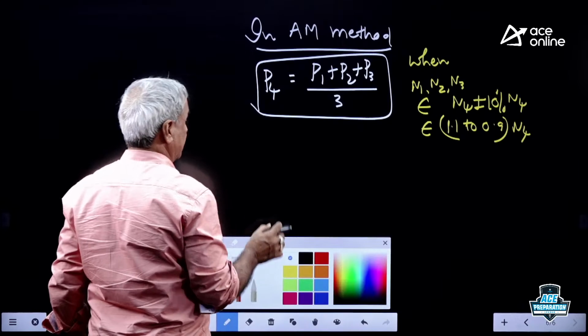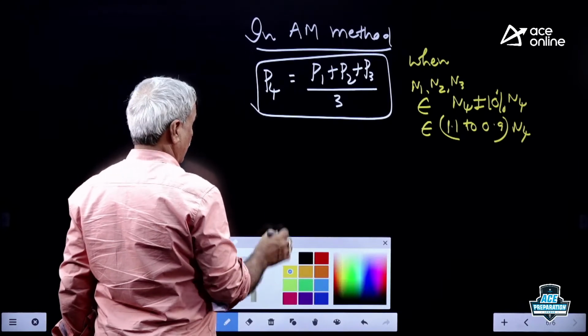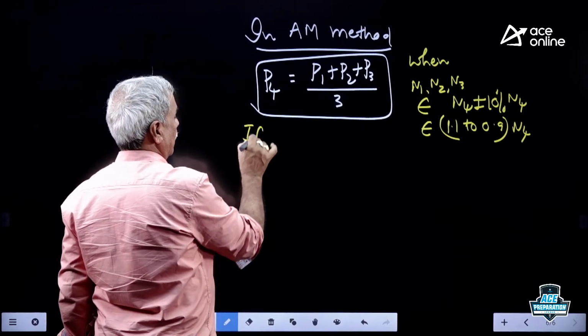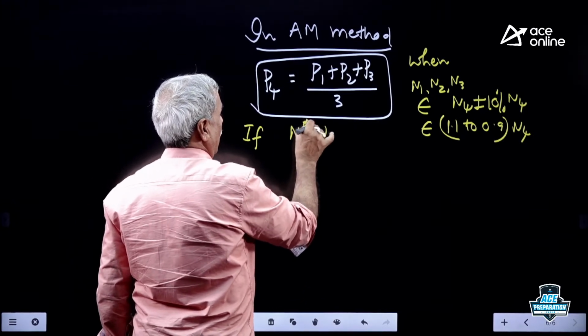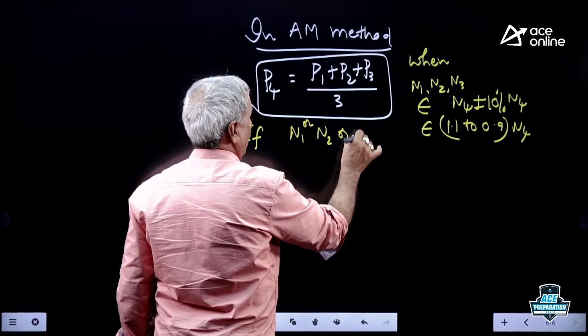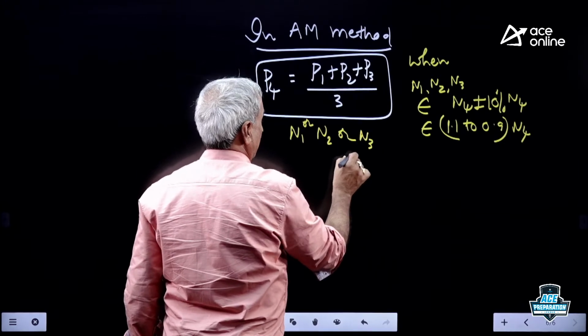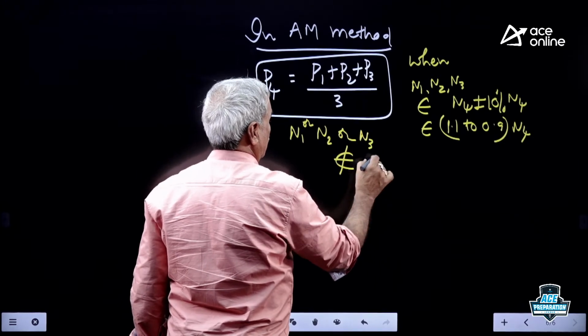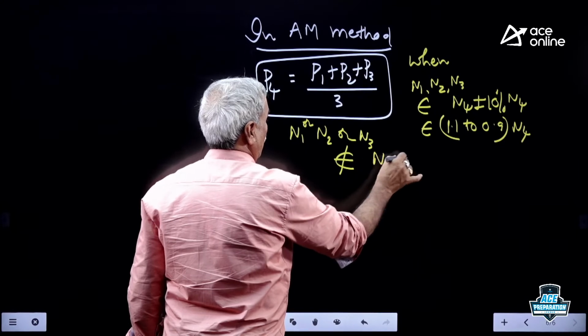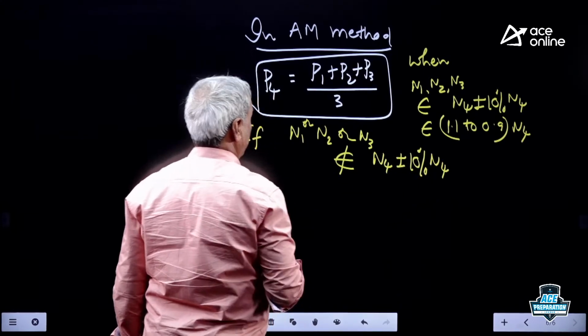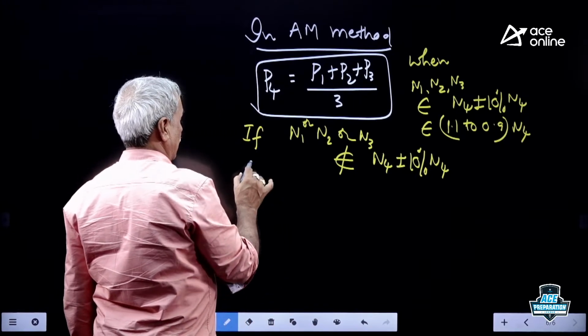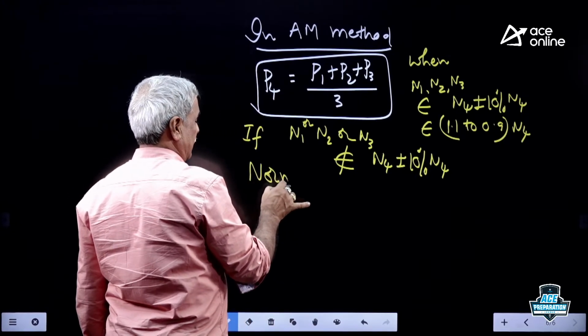By chance, if N1 or N2 or N3 does not belong to N4 plus or minus 10% of N4, then normal ratio method.